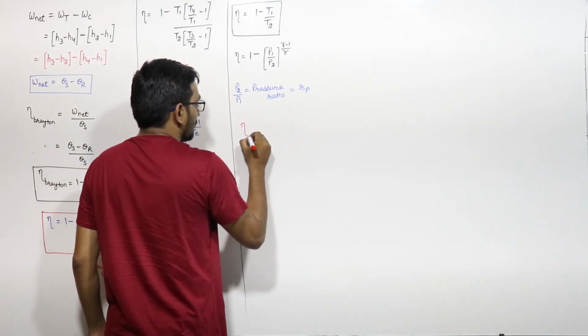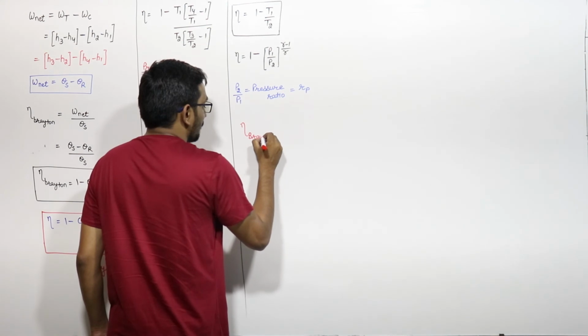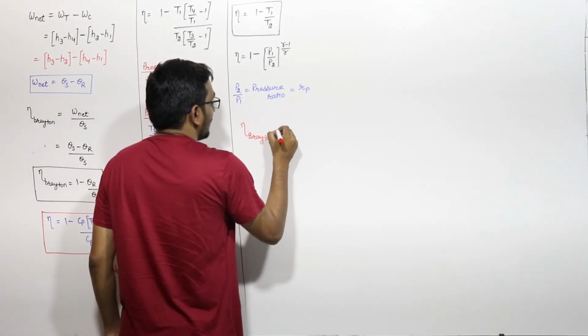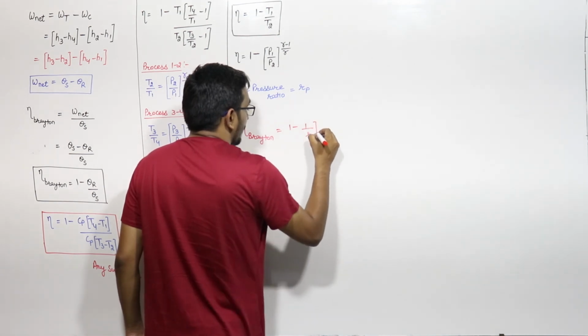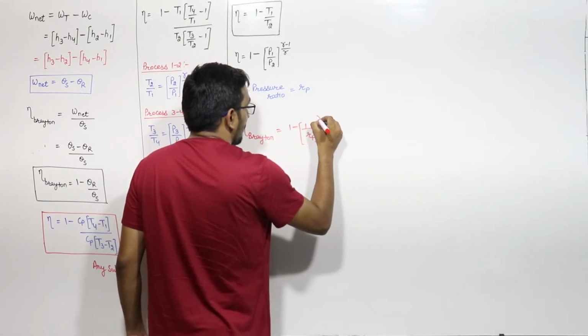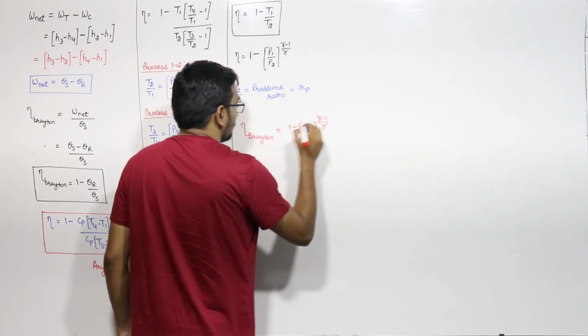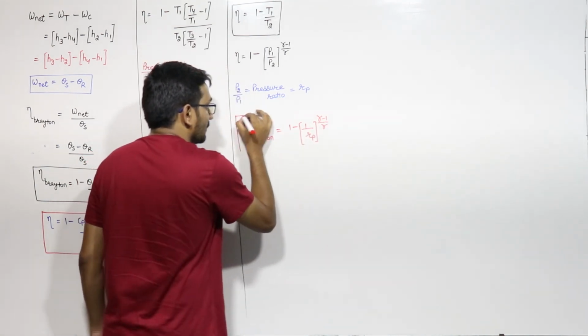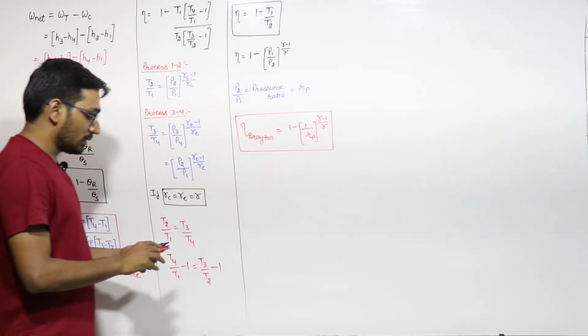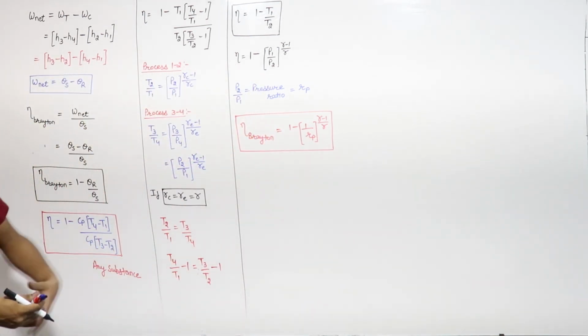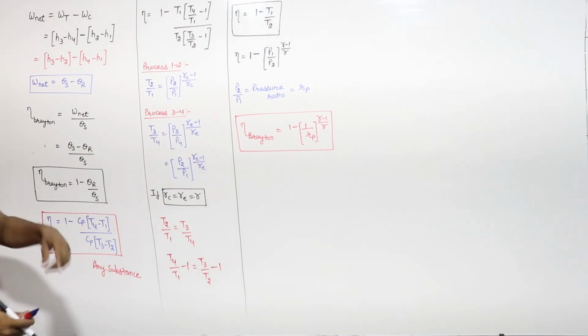So the efficiency of the Brayton cycle can be written as 1 minus 1 upon pressure ratio raised to power gamma minus 1 upon gamma. Now what are the assumptions of writing this efficiency?